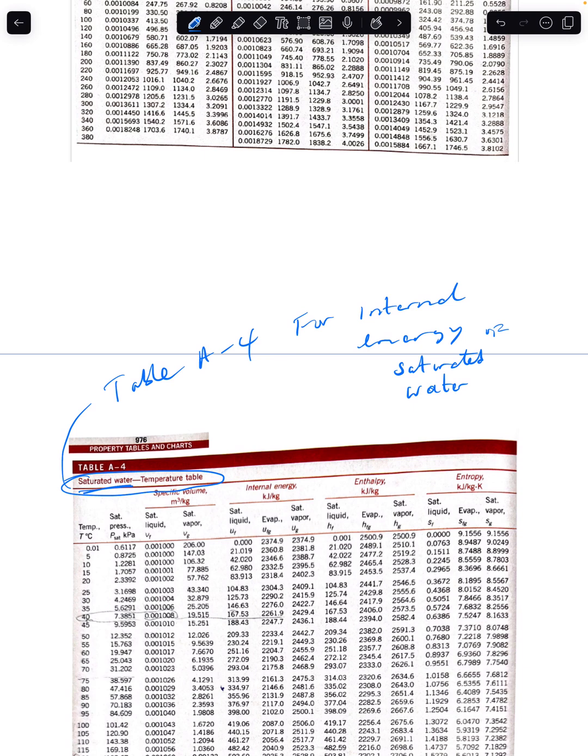This is the internal energy for saturated water.